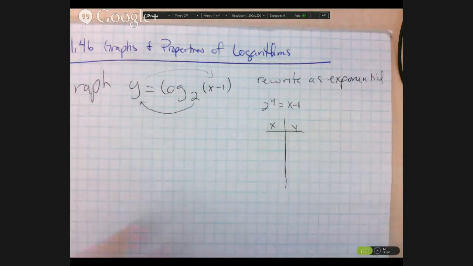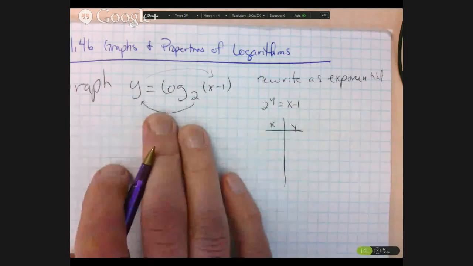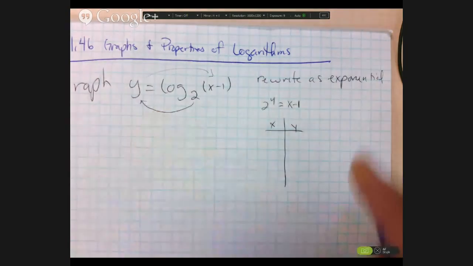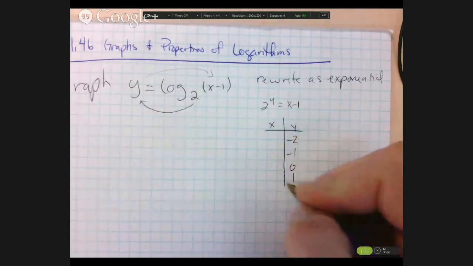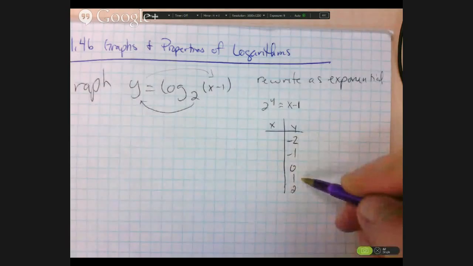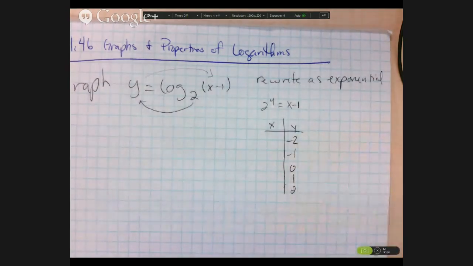So we just rewrote it with the definition of a log versus an exponent. Now, the key here is to use these numbers in your y values. Because that's in the exponent, it just makes it easier. 2 to the y equals x minus 1.